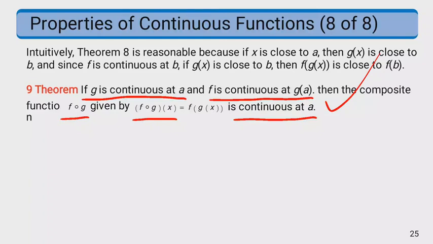We even extended to the domain of the function. We looked at types of functions like polynomial, rational, trigonometric, and root functions, together with composite functions. So we're able to see how we can deduce the continuity of these functions.